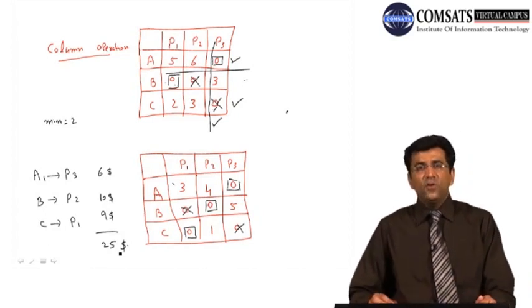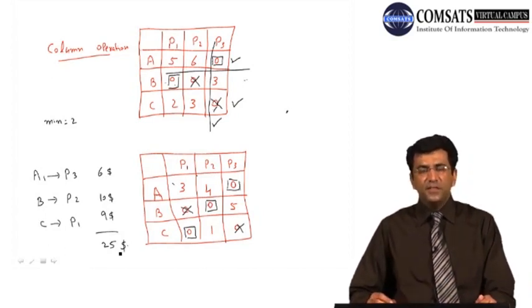So in this way, by following the different steps of Hungarian method, we will be able to find out the minimum cost by making the optimal assignments. So this is all about the assignment problems class. In the next class, we will discuss the further problems and we will solve the different other problems related to that assignment model.